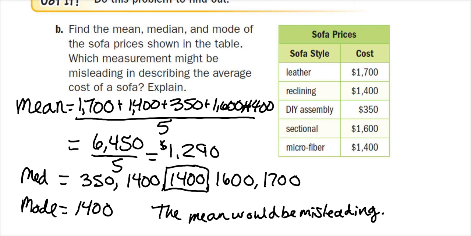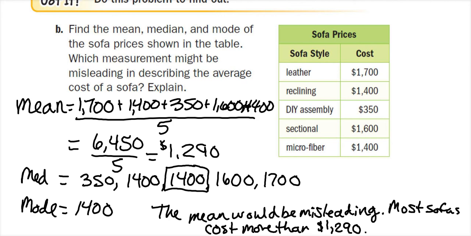Most of the sofas are more than that. Most sofas cost more than, let's I guess be specific here, what was our number? $1,290. There we go.